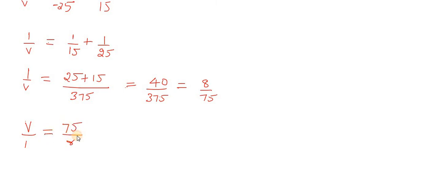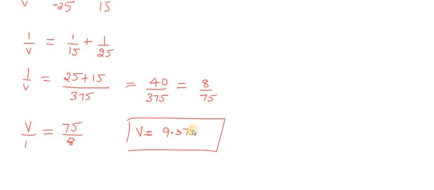What is 75 divided by 8? v is equal to 9.375 centimeter. This is the image distance.